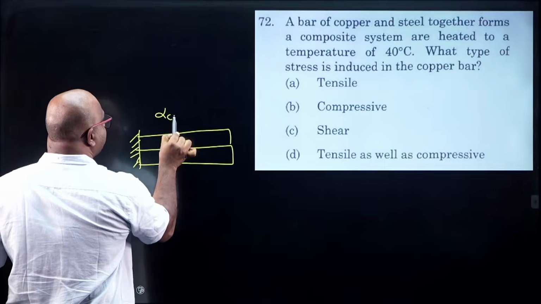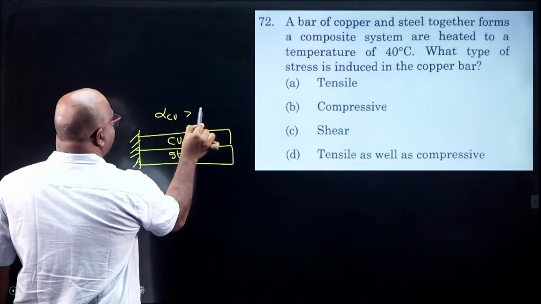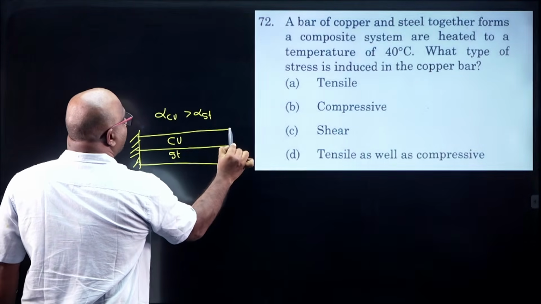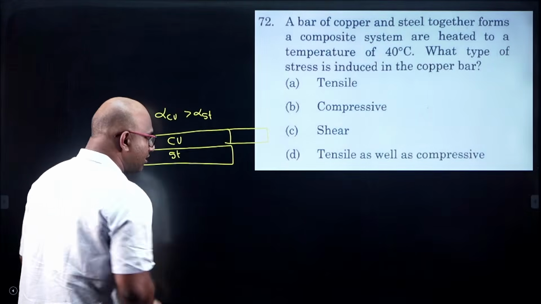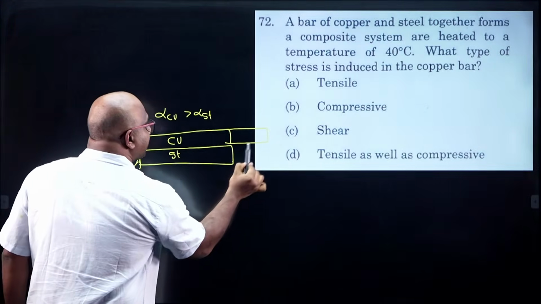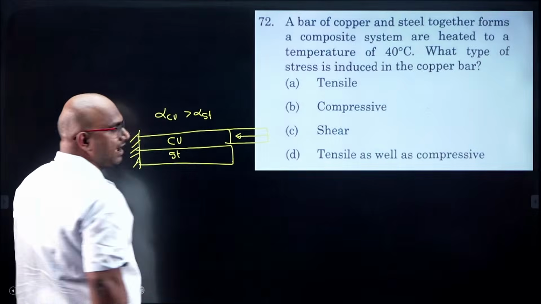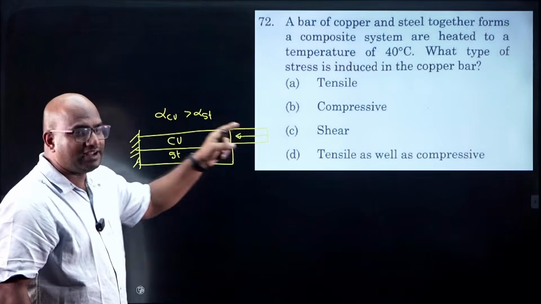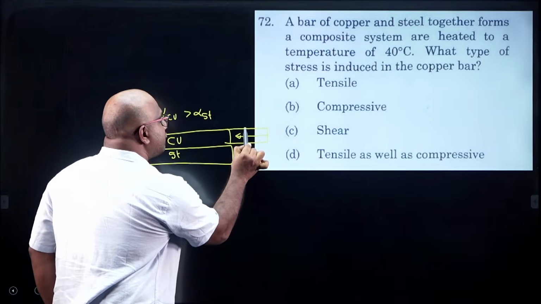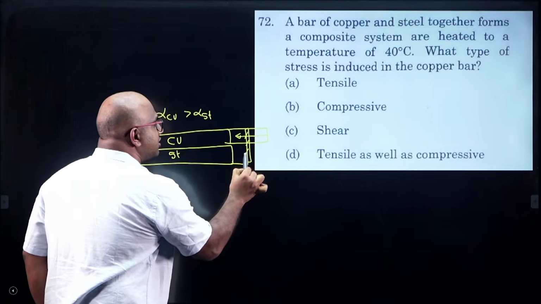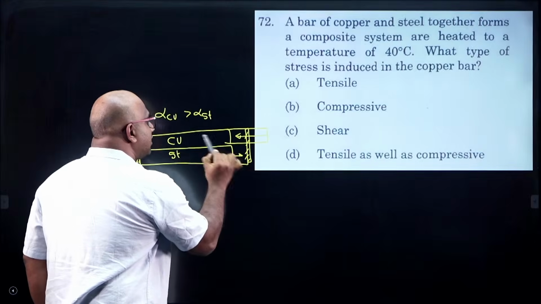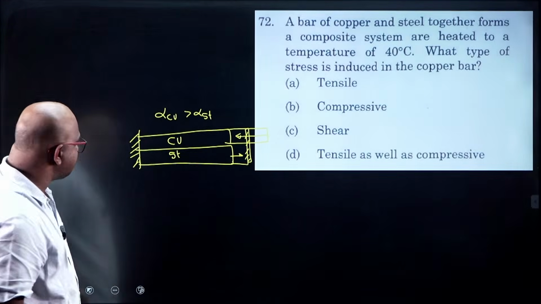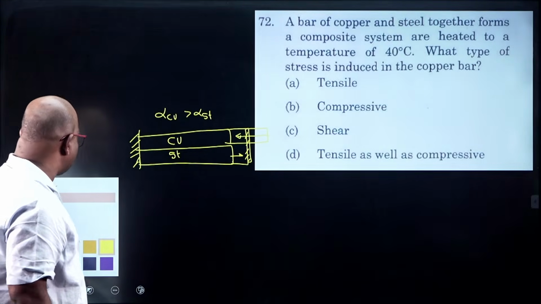Alpha of copper is more than alpha of steel. Copper wants to expand more, but what will the steel try to do, guys? It will try to compress it further inside. So copper will be under compression, steel will be under tension, to keep the final settlement at the equilibrium position. The right answer here is option B.